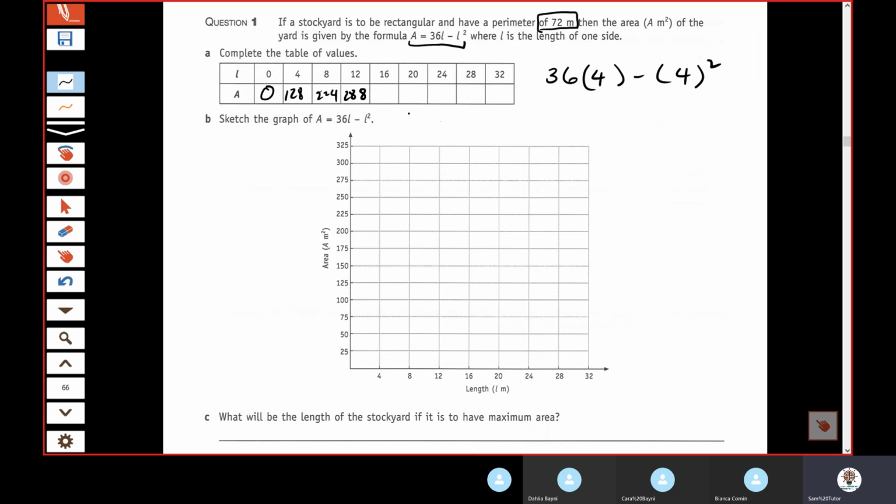288. Christian, you understand what I'm doing right now? Subbing in numbers. 16, 320. You've got to go and unmute yourself first, Christian, unless your mic isn't working. Then just type and let us know. At 20, it's also 320. I'm going to check that.